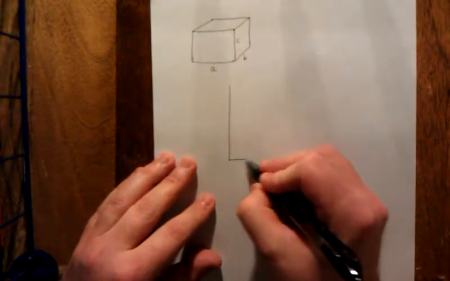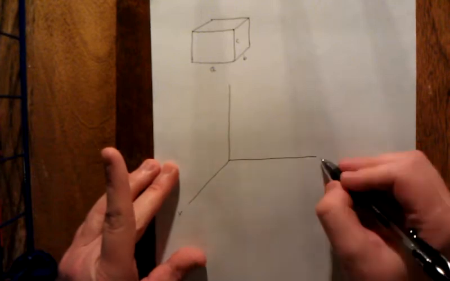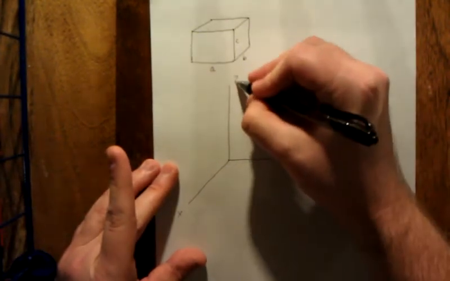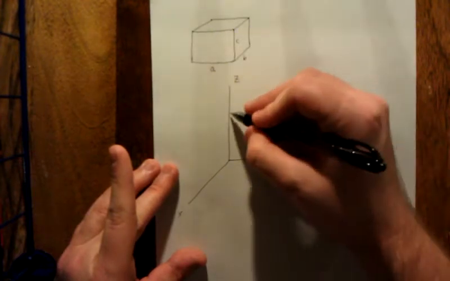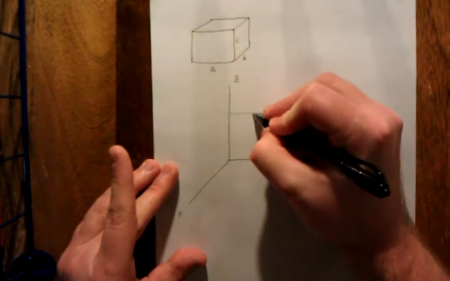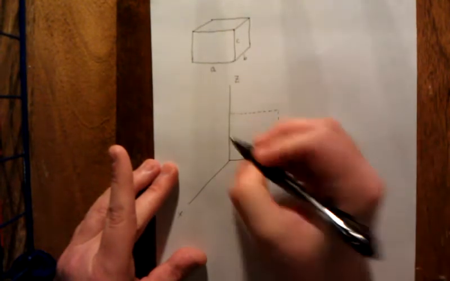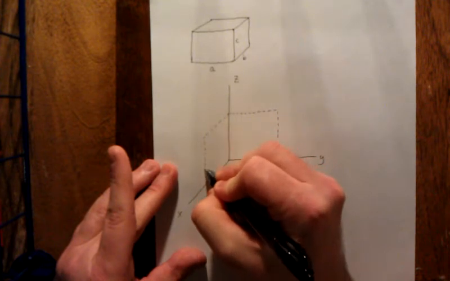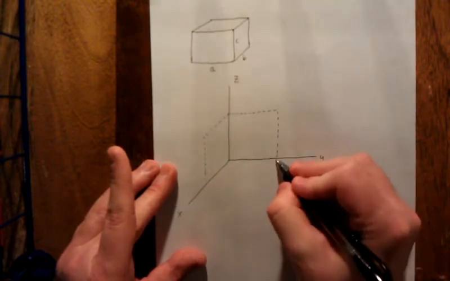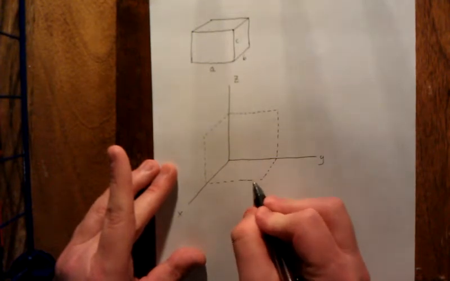Here's the z-axis, here's the y-axis, and here's the x-axis. Alright, so this box, I'm going to use dashed lines for it. We have a face over here, we have a face over here in the xz plane, and finally we have one over here in the xy plane.